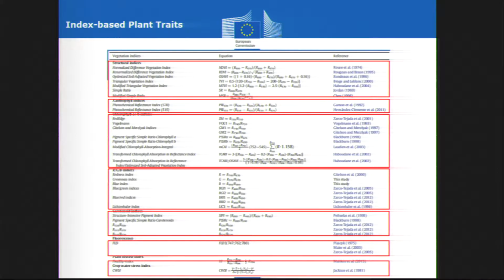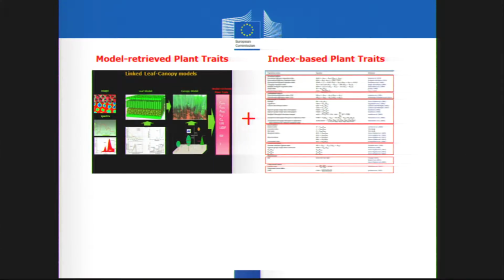There's a long list of different formulations available in the literature which are linked to any of these other plant traits that I'm talking about. So by using a hybrid approach, this is what we have done in the context of the Xylella fastidiosa project, by linking model-retrieved plant traits to index-based plant traits in order to account for everything that is happening at the leaf level.